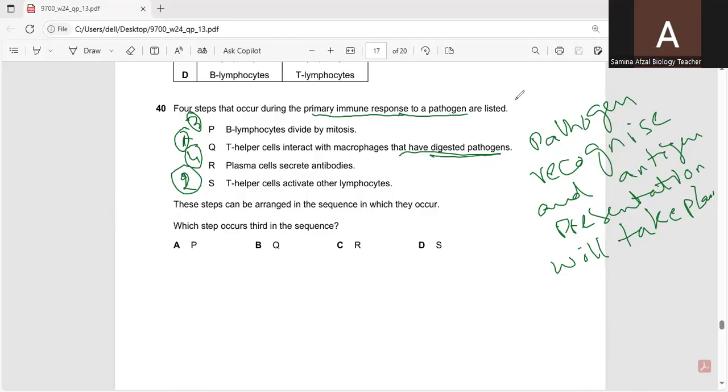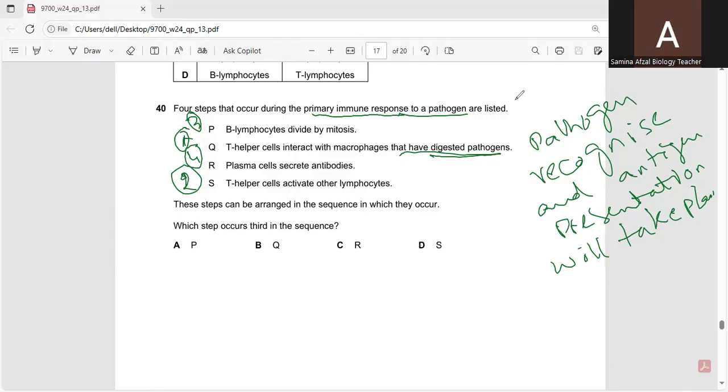So the first step is that the T helper cells interact with macrophages that have digested pathogens, because they will represent them in this way. After representing them, they will become activated. Then they will activate the other lymphocytes. Then after activating the other lymphocytes, the B lymphocytes will start dividing by mitosis. When they divide by mitosis, the plasma cells will start secreting the antibodies.